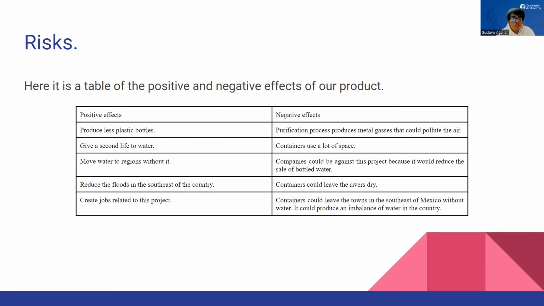The space that the containers will use could be optimized by creating a type of tank underground, reducing the space it requires on the surface. And also, our containers will have to be set up in geographical valleys and lower altitudes so as not to disturb the source of the rivers, which tend to be at much higher altitudes.